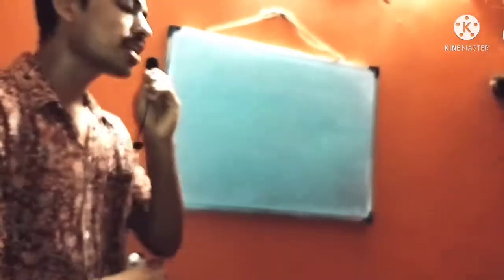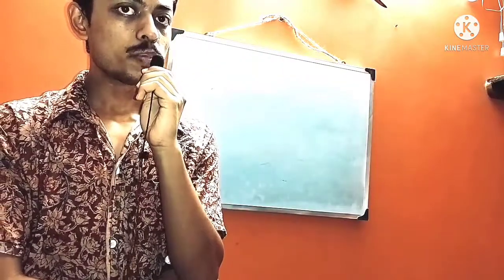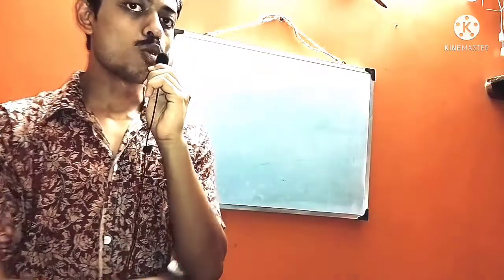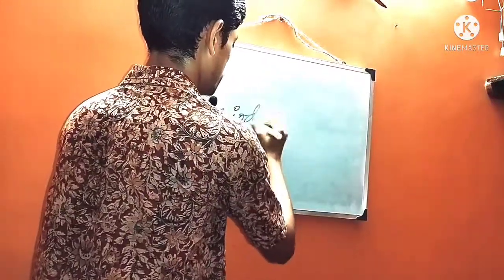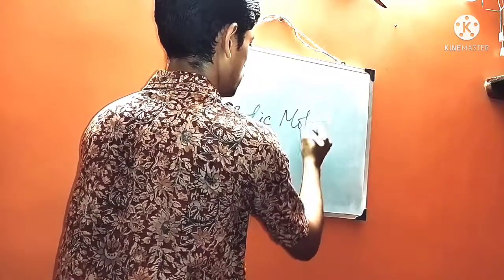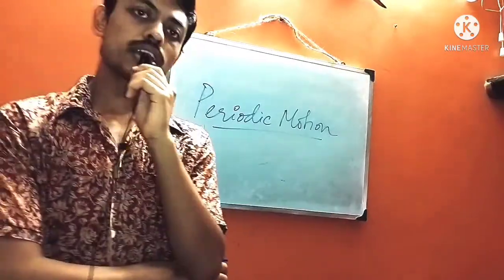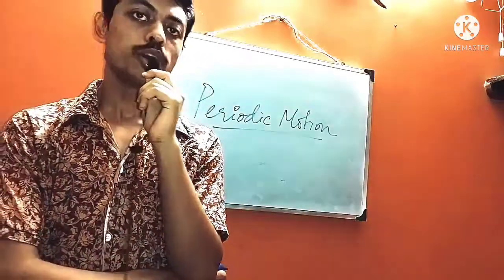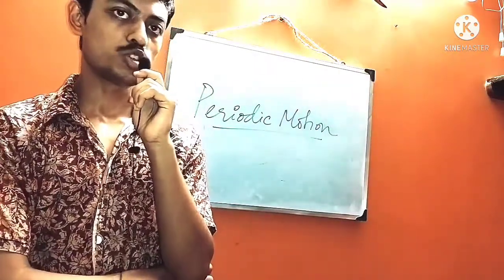Yes, the working of a clock or watch follows the periodic motion because it repeats its motion after regular intervals of time. So, we can say that the working of a clock or a watch is based on the principle of periodic motion or oscillatory motion.